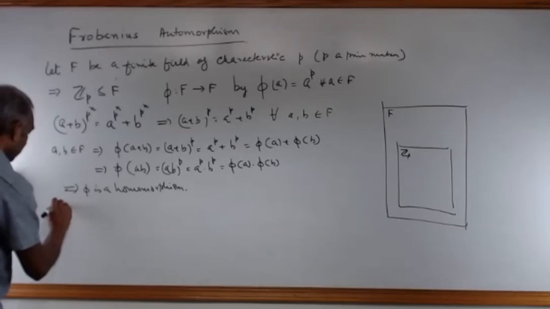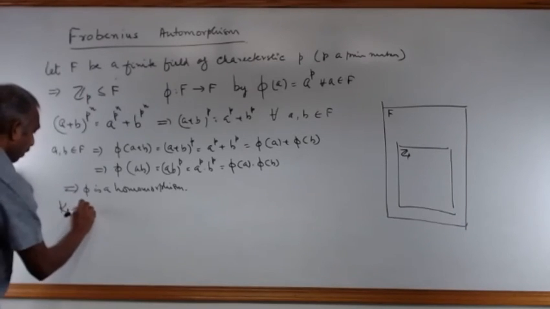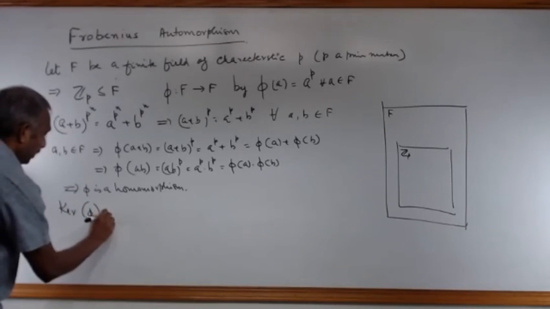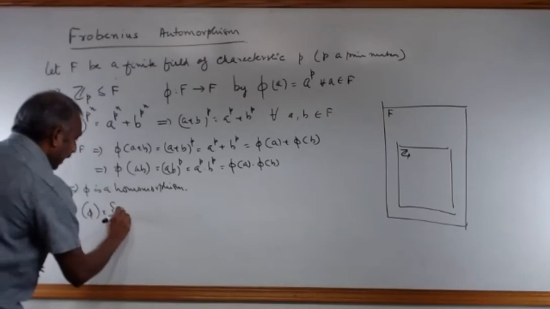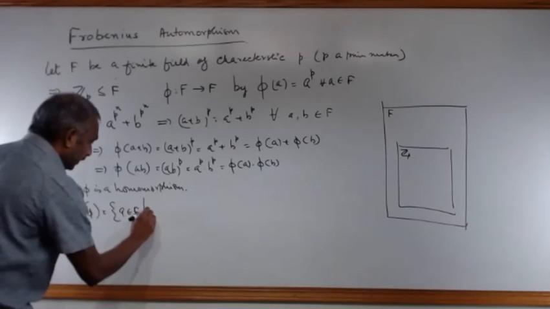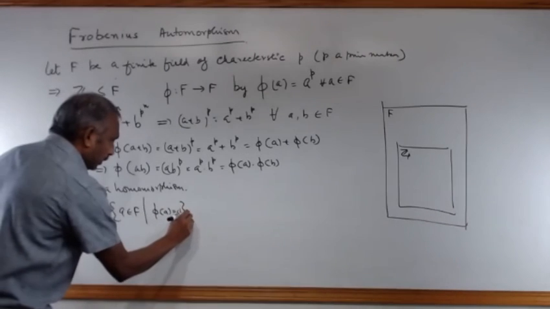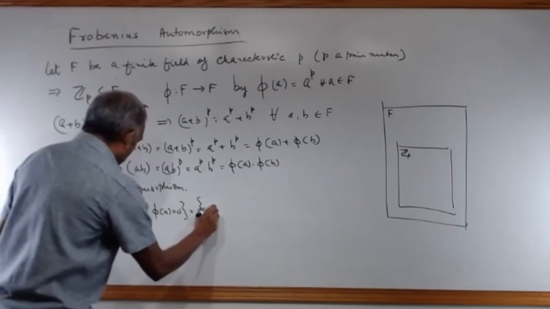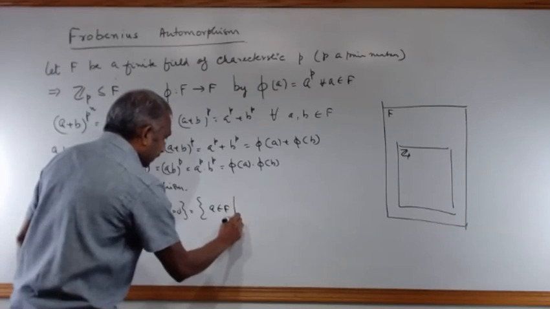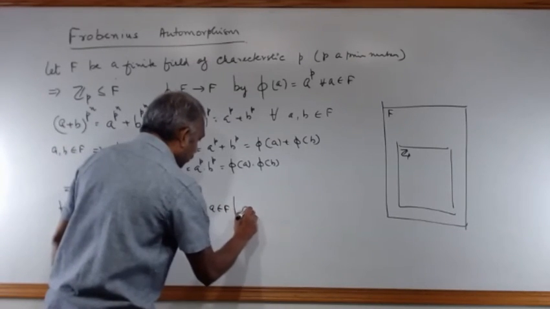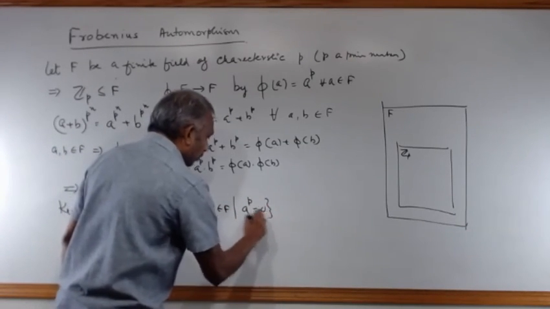The kernel of phi is equal to the set of A belonging to F such that phi of A is equal to 0, and that is equal to the set of A belonging to F such that A to the power of P is equal to 0.